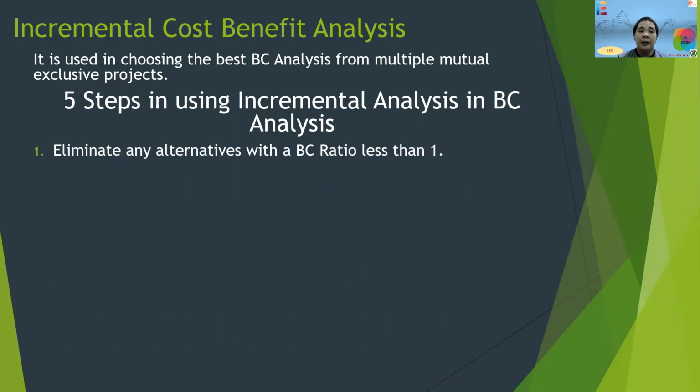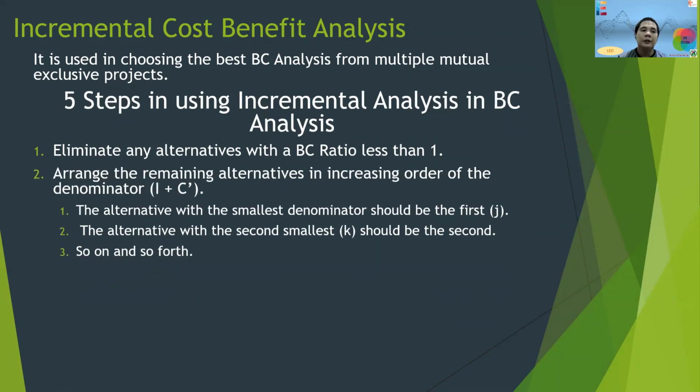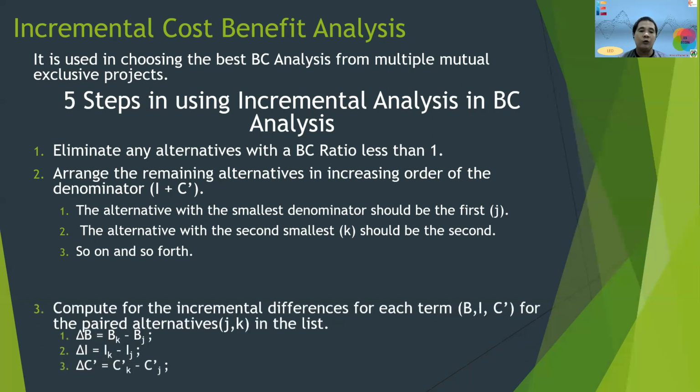Number 1, eliminate any alternatives with a BC ratio of less than 1. Number 2, arrange the remaining alternatives in increasing order of the denominator, so your I plus C hat. The alternative with the smallest denominator should be first, the alternative with the second smallest should be second, and so on and so forth.